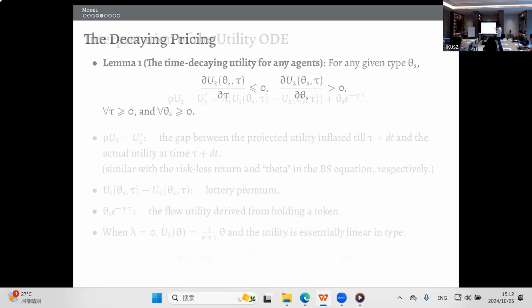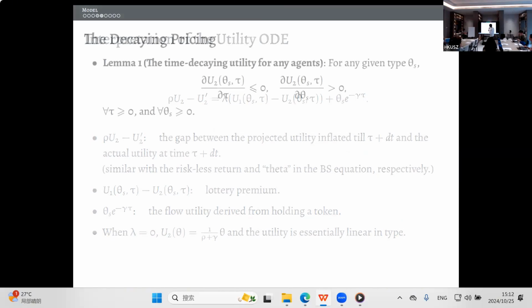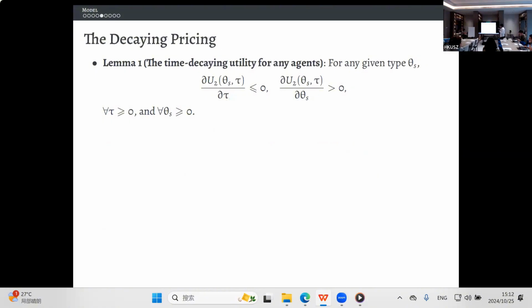Okay, next page. So these are the technical parts. And why are we very interested in understanding the liquidity, and why does it matter for the price?